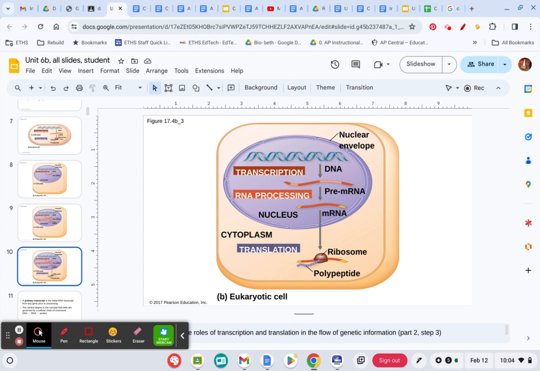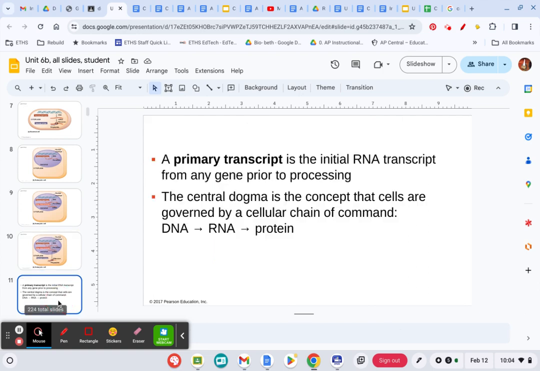And then there's some processing that happens. You have to edit the RNA before it can leave the nucleus. It's like a kind of a checker that's going to go on there, and there's going to be some processing that happens. And then it's going to have to go through the nucleus, and it'll go into translation. So there's just an extra step there that has to happen, and we'll talk about all of that.